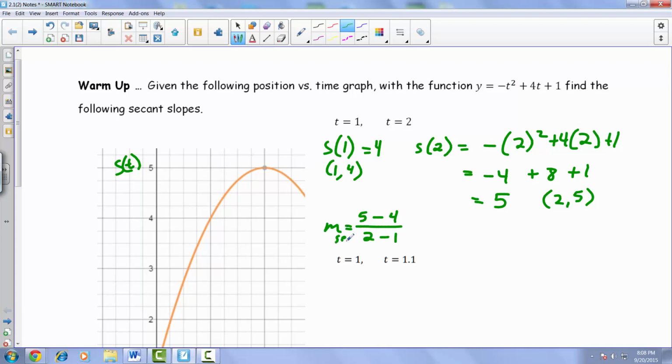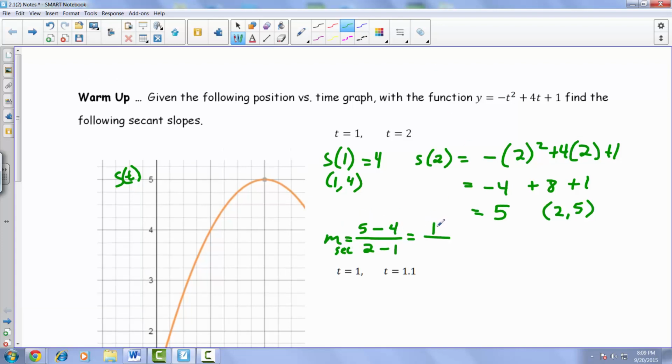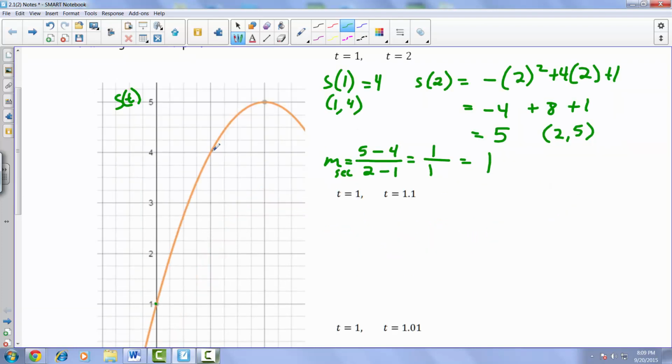And again, this is the secant slope, which just comes out to be 1 over 1, which is just 1. And what that's saying is at this t-value 1, comma 4, and this t-value 2, comma 5, we found the secant slope between these 2 points.